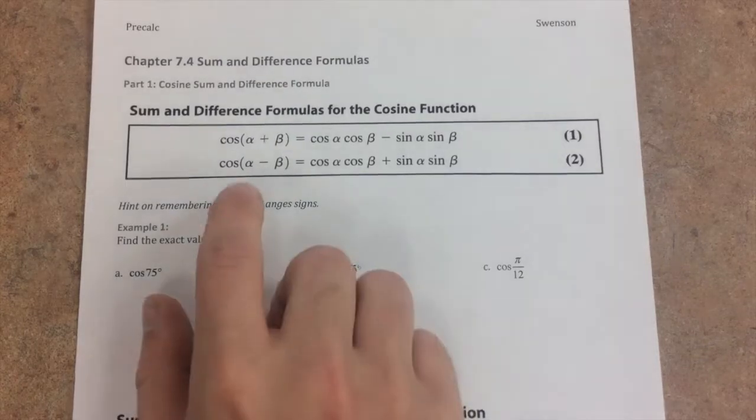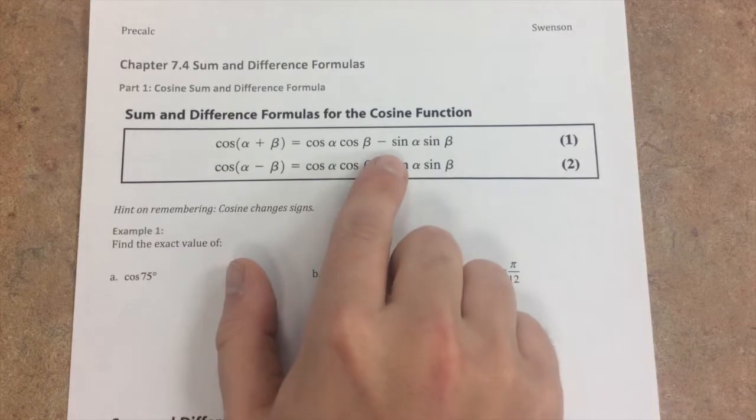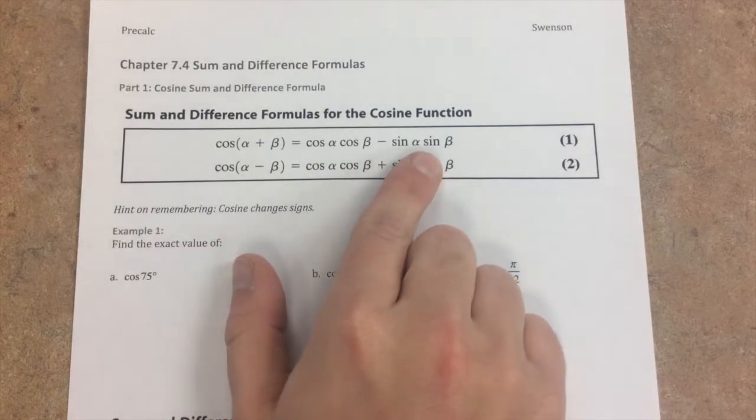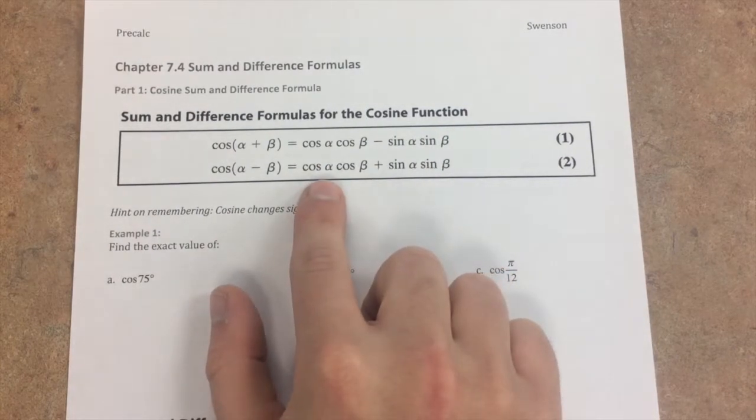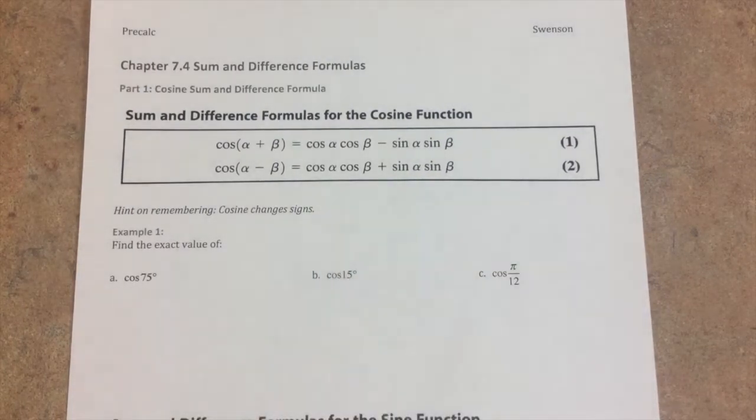And then it goes cosine A, cosine B, minus sine A, sine B, or vice versa: cosine A, cosine B, plus sine A, sine B. So cosine, sine. That's how I remember the cosine formula. So for the sum of two angles, cosine changes signs.